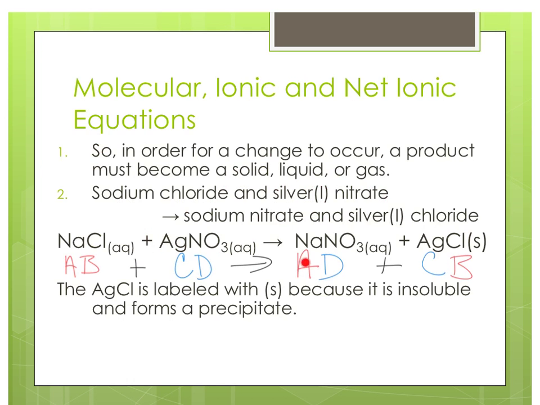And then, if you look at our products, NaNO3 remains aqueous, but silver chloride is a solid. That is the species in this reaction that is what's called our precipitate, because remember, it falls out of solution like rain falls from the sky. And we'll talk about how you know that soonish.